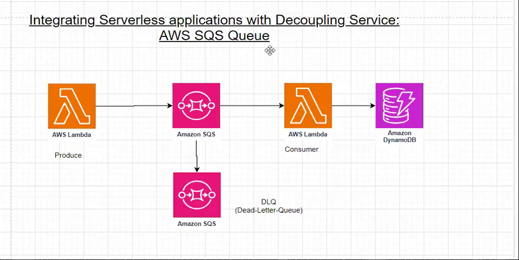So this is how you can use this SQS service to process your data at least once between your multiple serverless services, or to integrate multiple AWS services. You can use this SQS queue to process the message at least once. You can use SQS as a decoupling service in AWS.